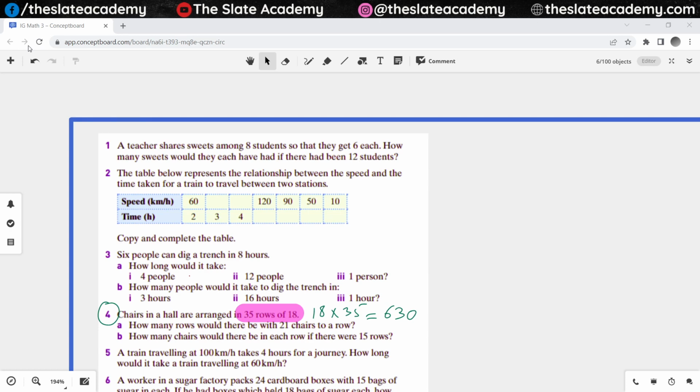If these 630 chairs are to be arranged with each row having 21 chairs, I would simply divide 630 over 21. So 630 divided by 21, I'd get 30 rows.